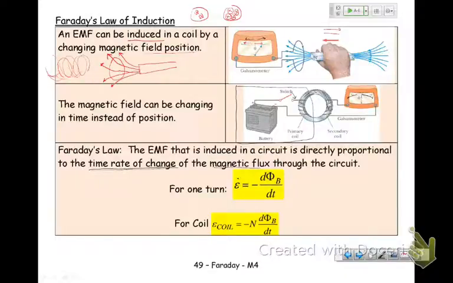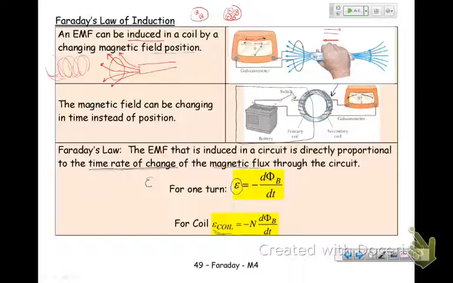So my induced EMF, this is my little epsilon, my little curly E, is equal to minus d phi b by dt. That's for one loop. If I put a whole bunch of loops in here, each one is affected the same way, so it multiplies. So my EMF for a coil is minus N d phi b by dt.